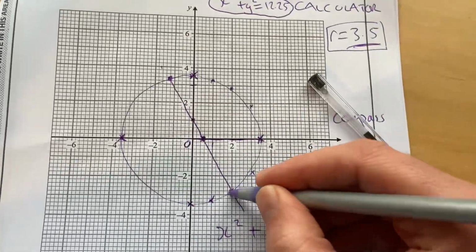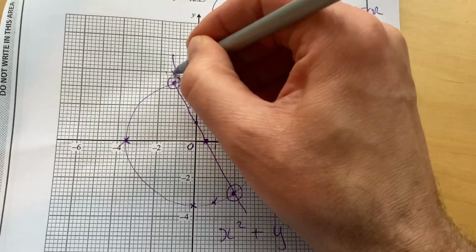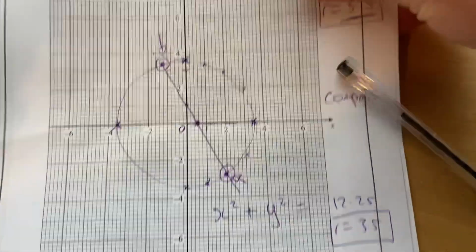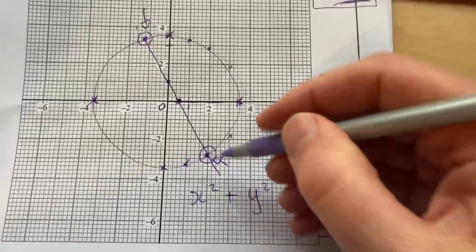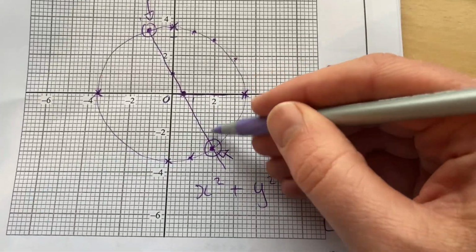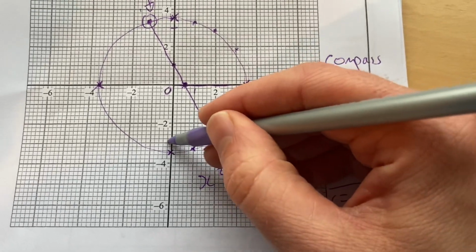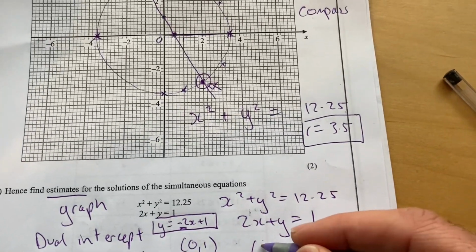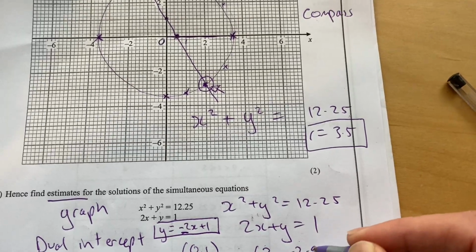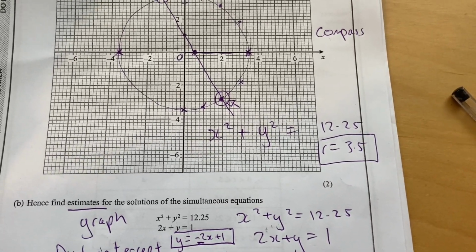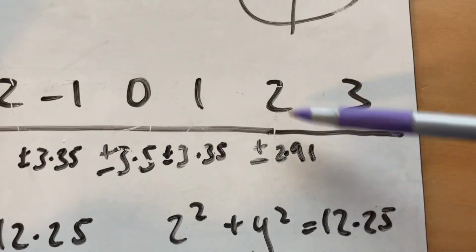And then there would be my 2 solutions. I would get 2 solutions, and in this case, I'm going to say that looks like about 2 and minus 2.9, roughly. Which kind of looks like what I got on the table here.